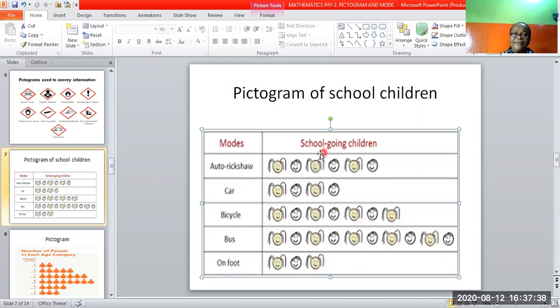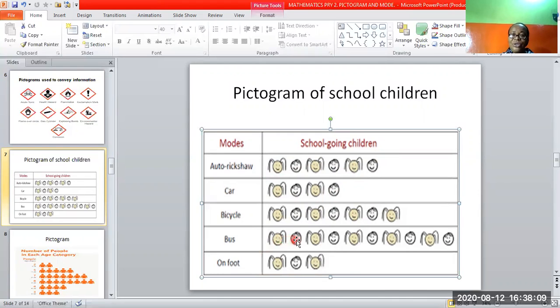And then we have the data. 6 children go to school on auto rickshaw. Then 4 go by car. 7 children go to school by bicycle.